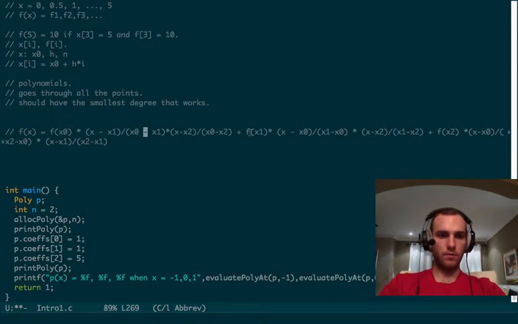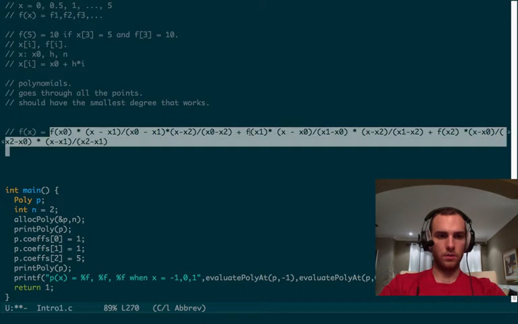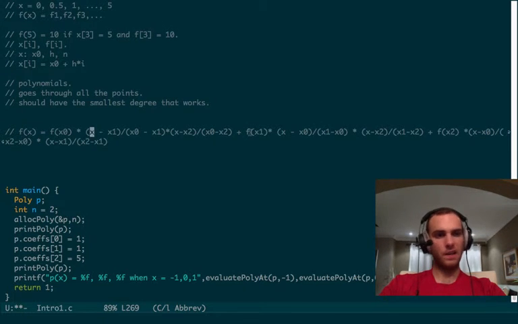We don't have, if you give me x, I don't have to redo this whole computation every time. It's fine if you give me the same table of values for f, and then you give me a lot of different values for x. I can compute this into a polynomial and then use evaluate polynomial to get the value.